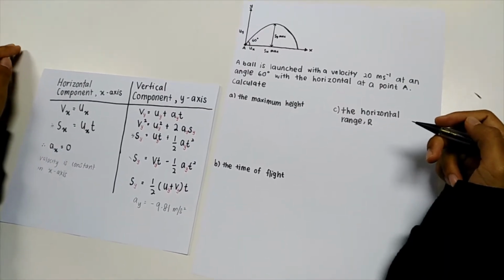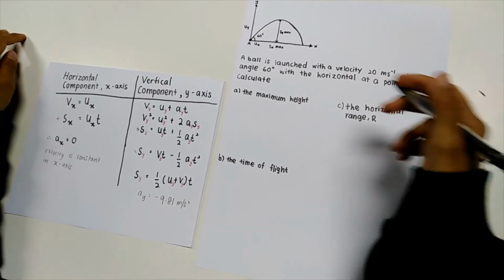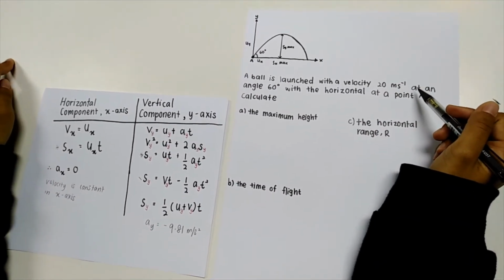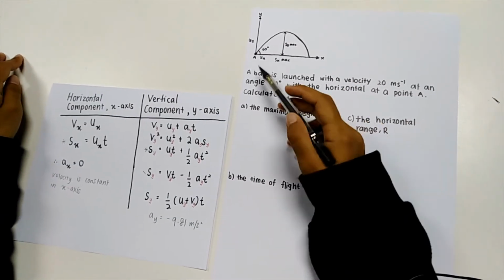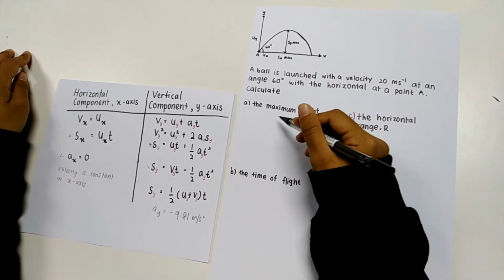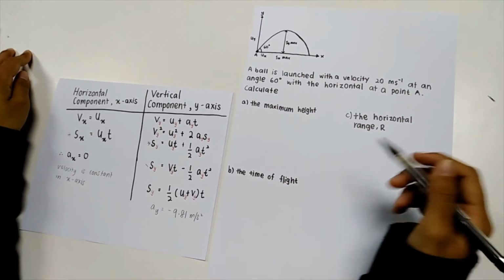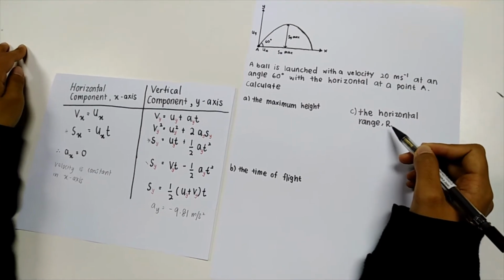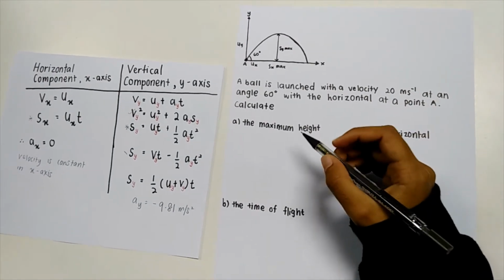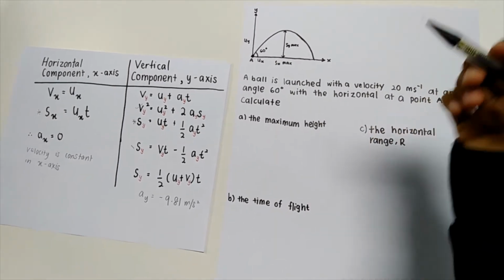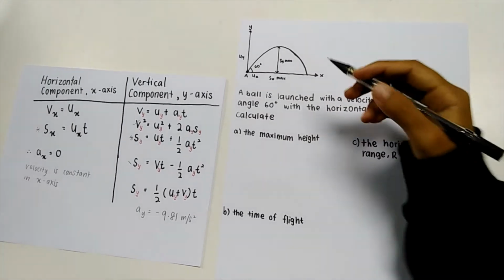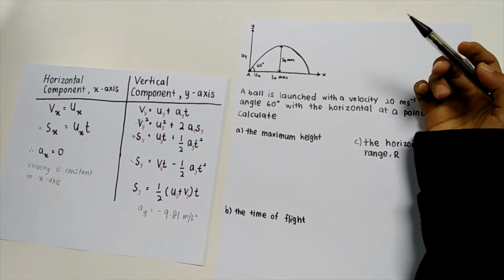Okay, so we're moving to the next question. A ball is launched with a velocity of 20 meter per second at an angle of 60 degrees with the horizontal at a point A. Calculate the maximum height, time of flight, and the horizontal range R. Before we go further, first we need to identify the information given by the diagram.